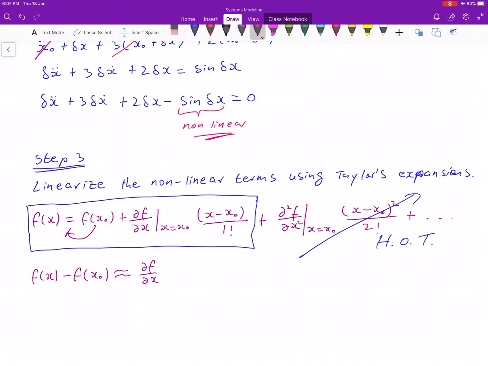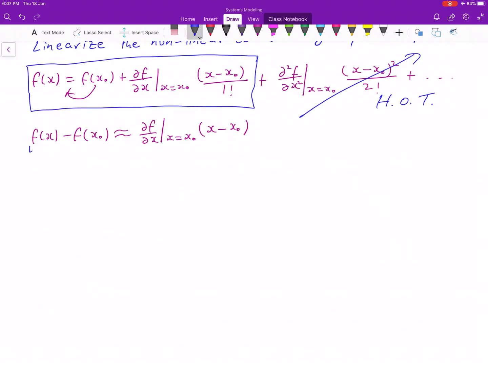So far, even though this is a single variable, you can just write it as a derivative, but I'm going to use the partial derivative because in the near future you'll see a lot of variables, but the procedure is exactly the same. In here, the function that we want to linearize, f(x), is sine of x, so sine of x minus sine of x naught is approximately.